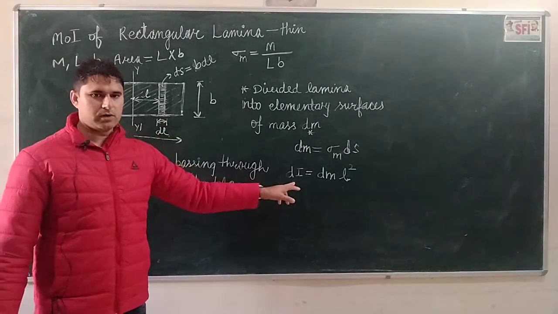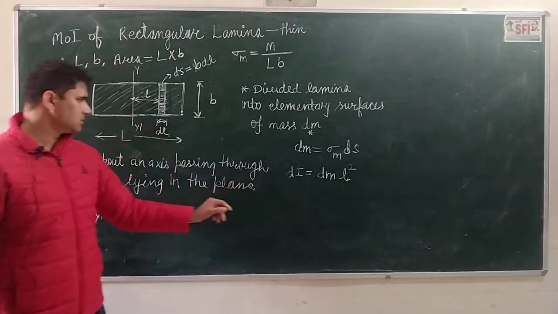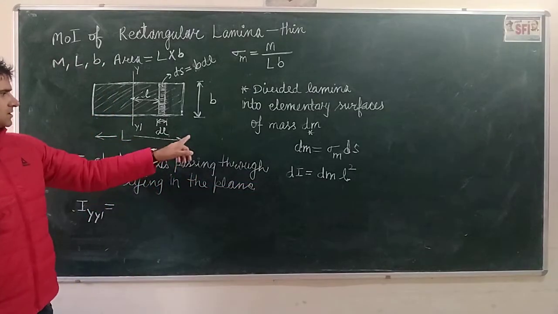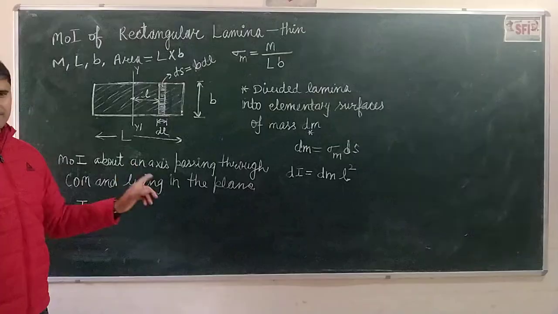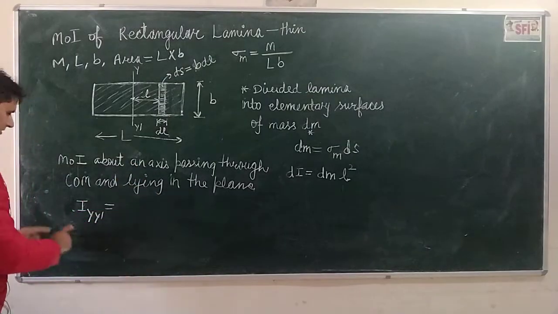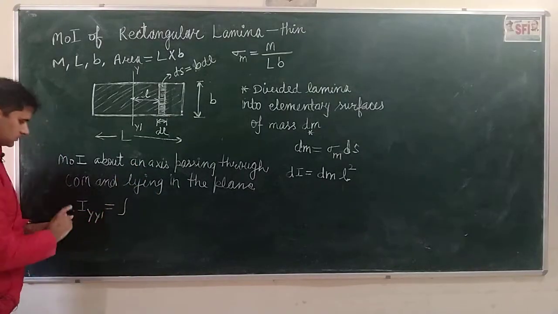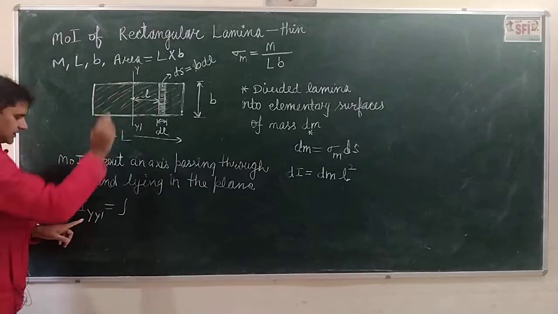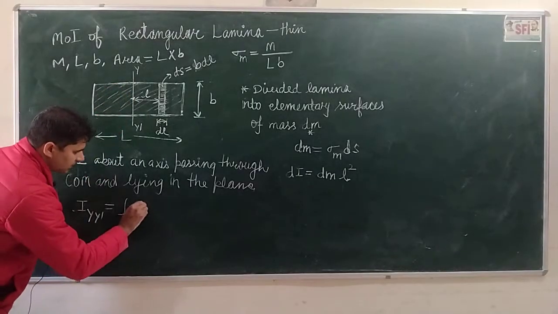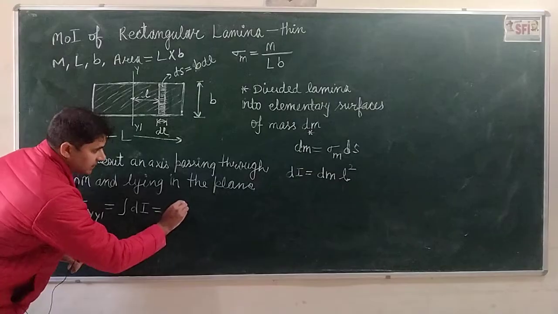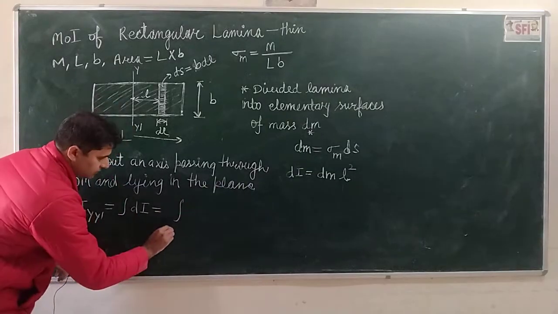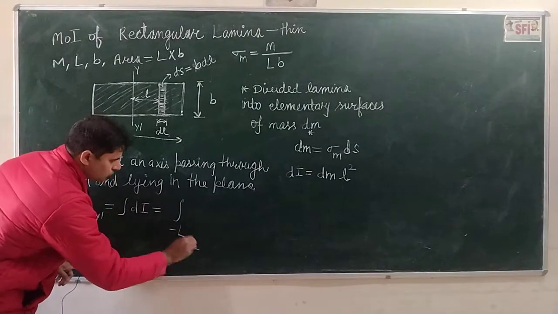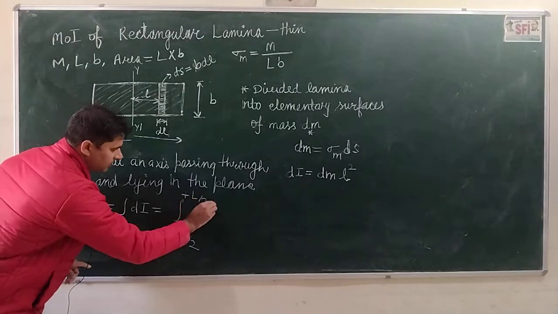Meaning you have to integrate this relation within the limits minus L by 2 to plus L by 2. Then you will get the moment of inertia about this axis.